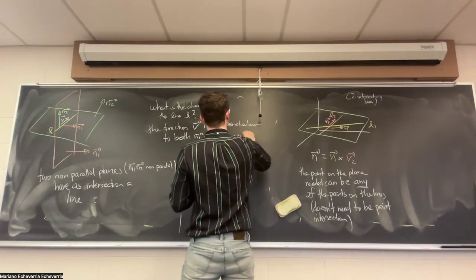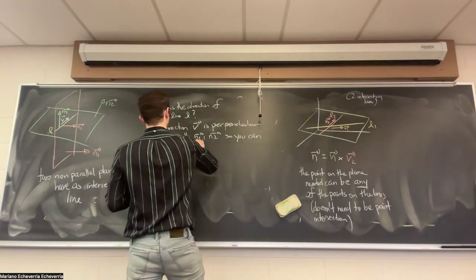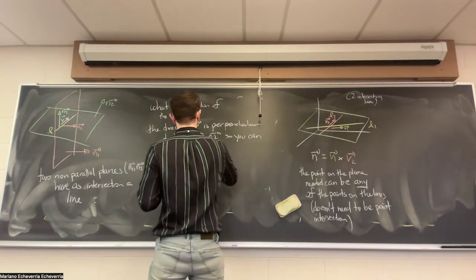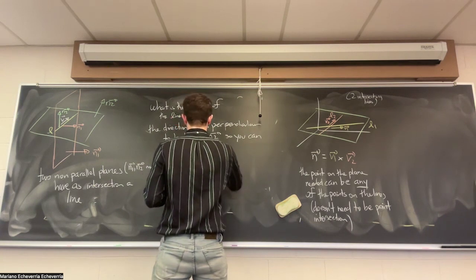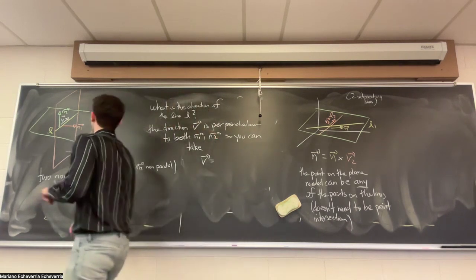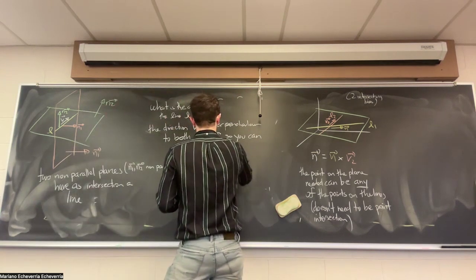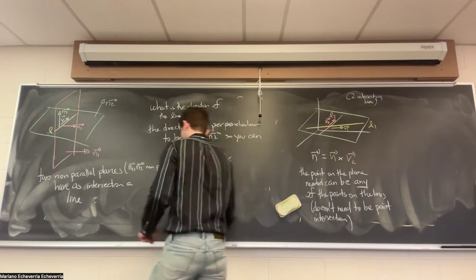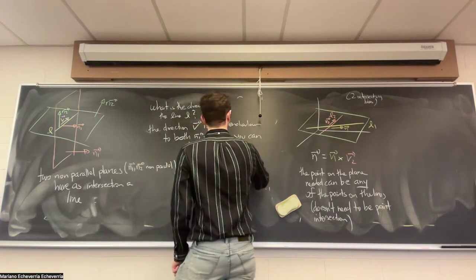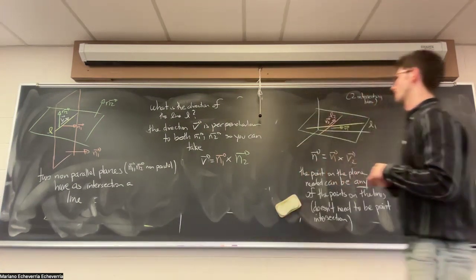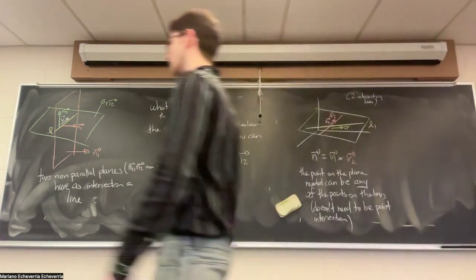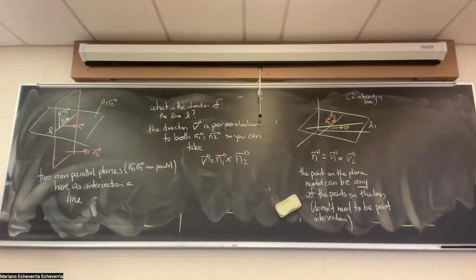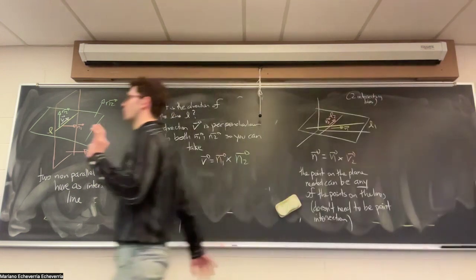Does that make sense? That gives you the direction of the line, which in general is the most important thing. And then to find the line, you also need a point on the line.